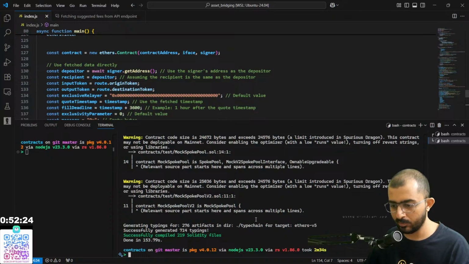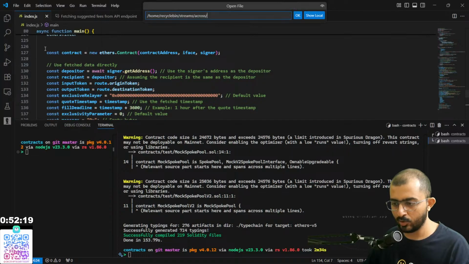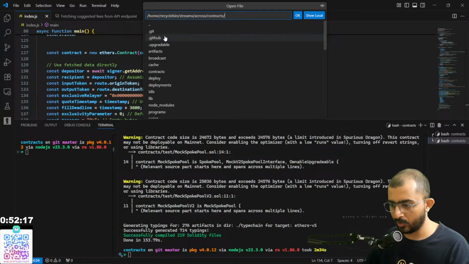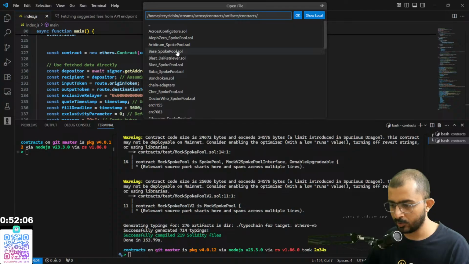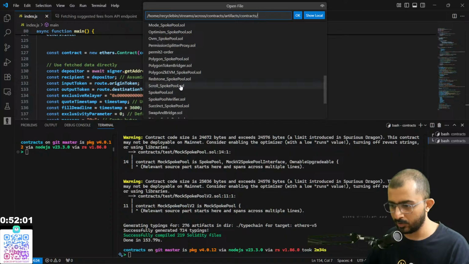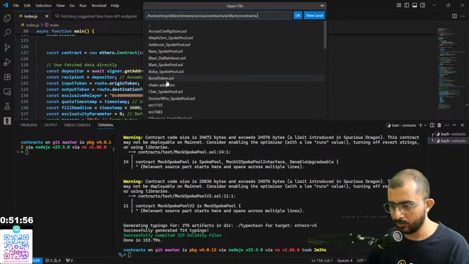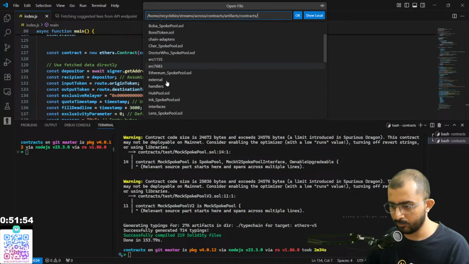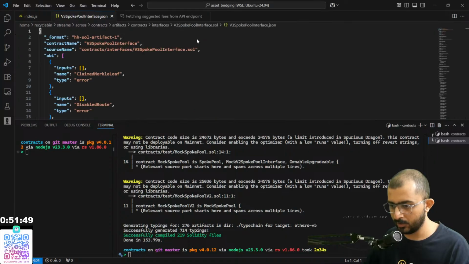Okay, we have done it. Open file. Go back, contracts. Then it's artifacts, contracts v3. Do we have the spoke pool? Interfaces v3 JSON.